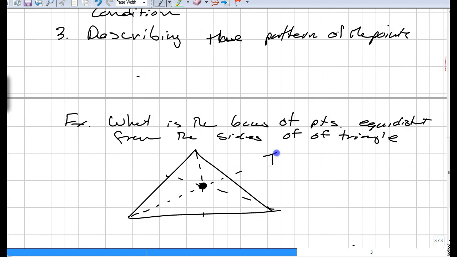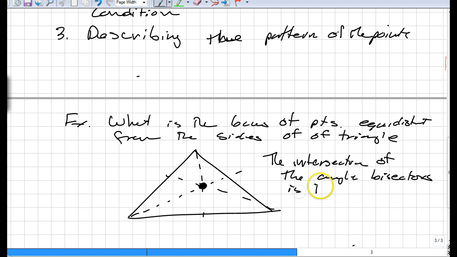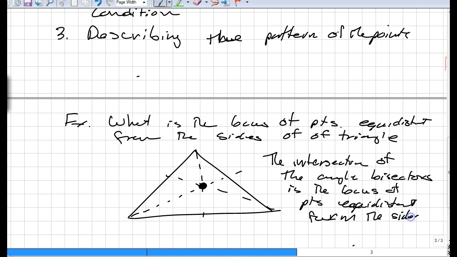So the answer is the intersection of the angle bisectors is the locus of points equidistant from the sides of a triangle.